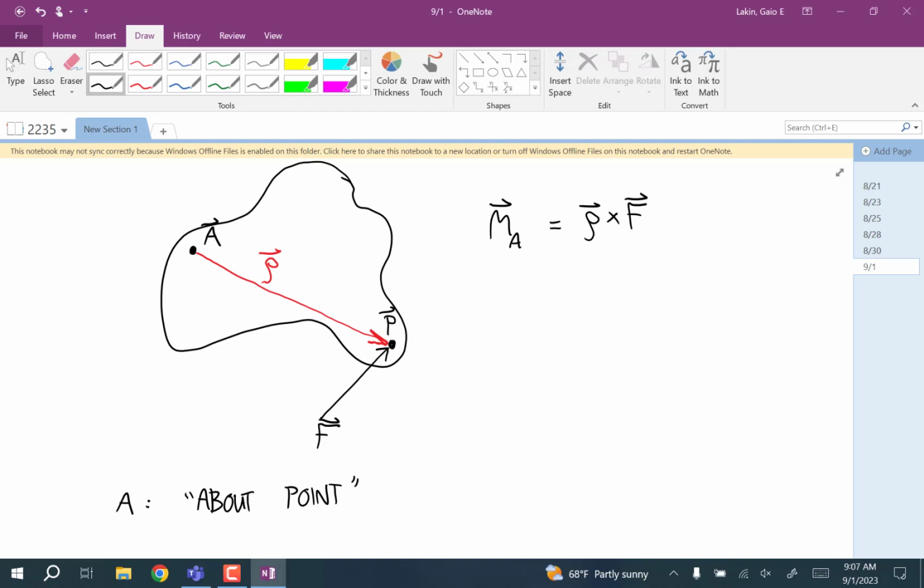The answer is the simplified form of the moment equation in dynamics comes from certain velocities and angular velocities being 0, okay? So if you choose your about point at the center of mass or at a fixed point, you have certain velocities and angular velocities that are 0, and it simplifies the equations.